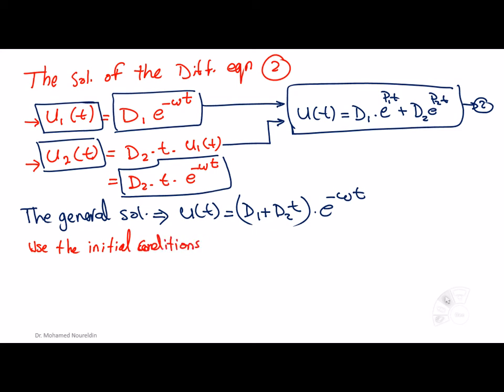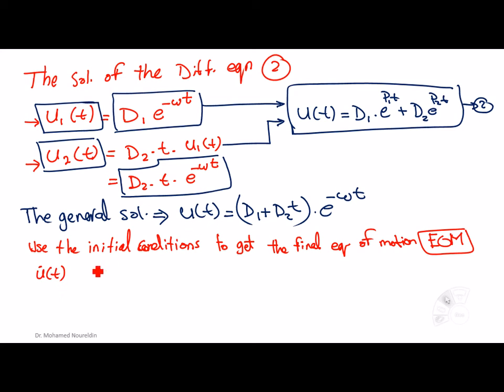Use the initial conditions to obtain the final equation of motion. We want to get the equation of motion now, EOM. So this requires us to calculate u dot of t.